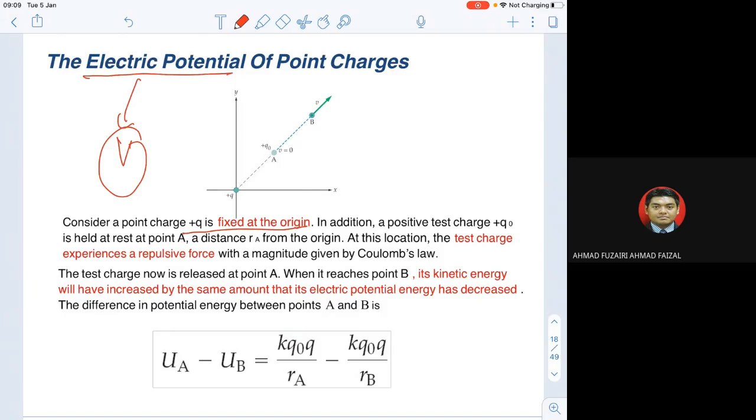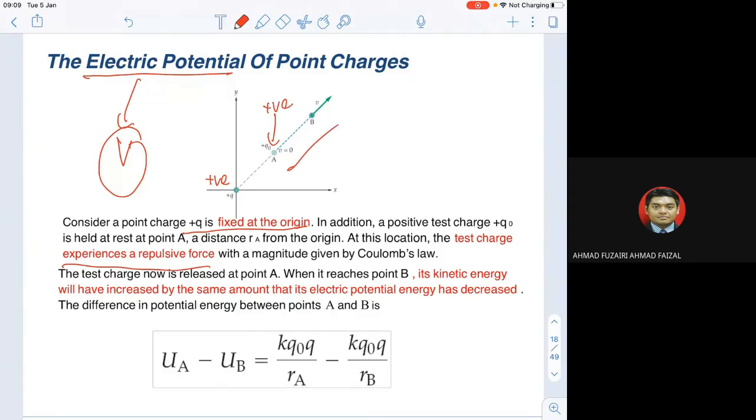At this location, the test charge experiences a repulsive force, because the point charge is already positive, and the test charge we put here is also positive.